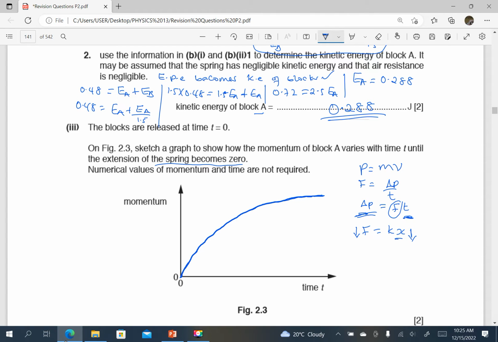Okay, so the curve is going to be a smooth curve whose gradient is actually decreasing. It starts from the origin and it has a decreasing gradient, and the final gradient is 0 because the line becomes horizontal. When the final gradient is 0, it means the force has become 0, since the force here is going to be the gradient of momentum against time. Okay, so that will be the curve.